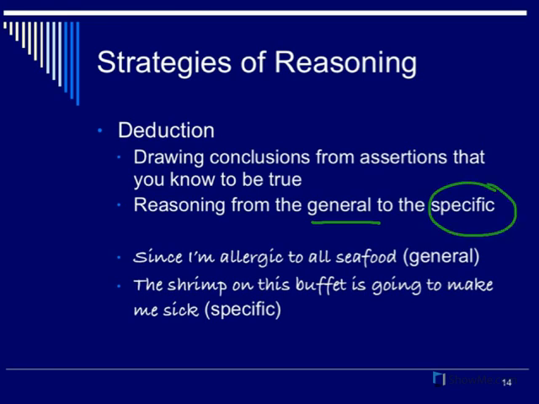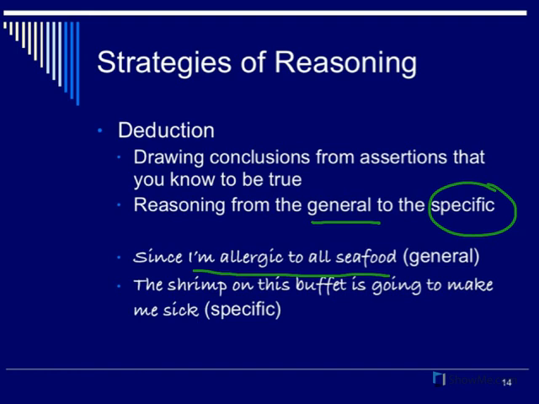In the example that you see here, we talked about being allergic to seafood. That is a general truth: I am allergic to seafood. I know that. I made a conclusion inductively from all of the times that I ate seafood in the past and I got sick. And so I made a general conclusion that I'm allergic to all seafood.